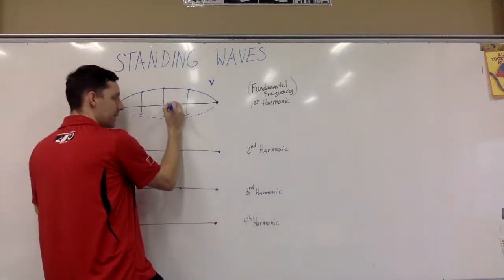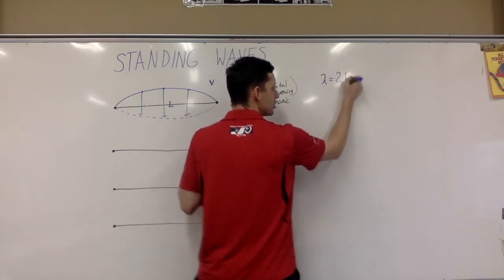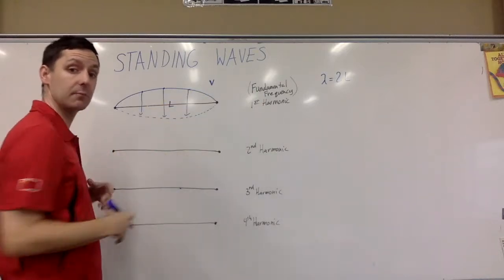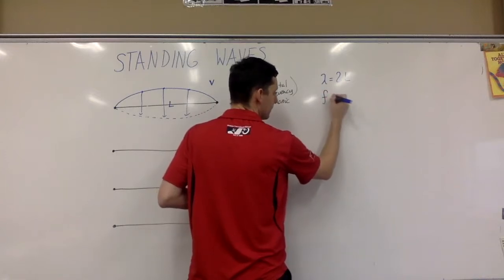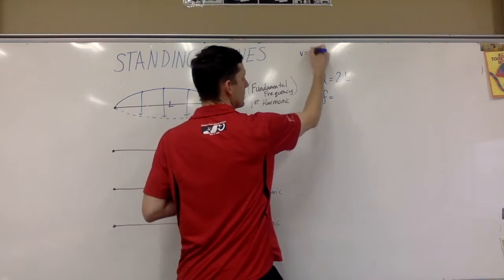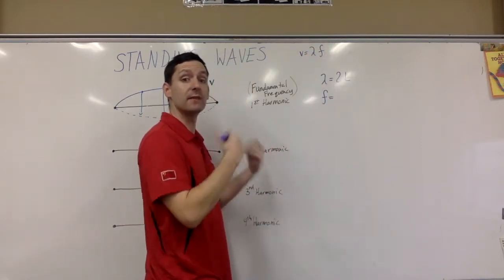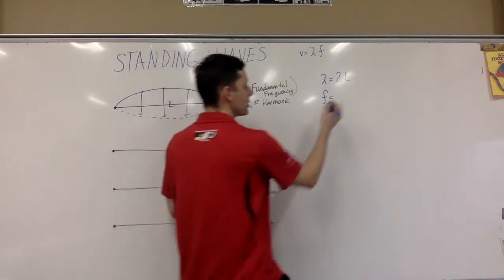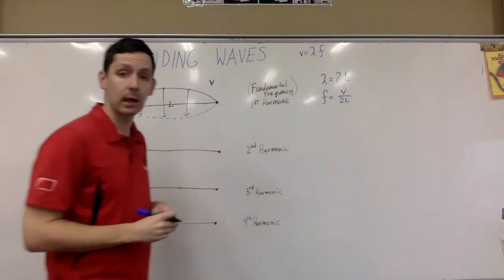If the length of my string is L, then the wavelength here is 2L, right? The wavelength goes from one node to the other node, and then it's got to go that far again before I complete a full wave, all right? Now, remember that velocity is equal to wavelength times frequency. So if I divide by the wavelength, frequency equals velocity divided by wavelength. So frequency here is the velocity divided by 2L, okay?